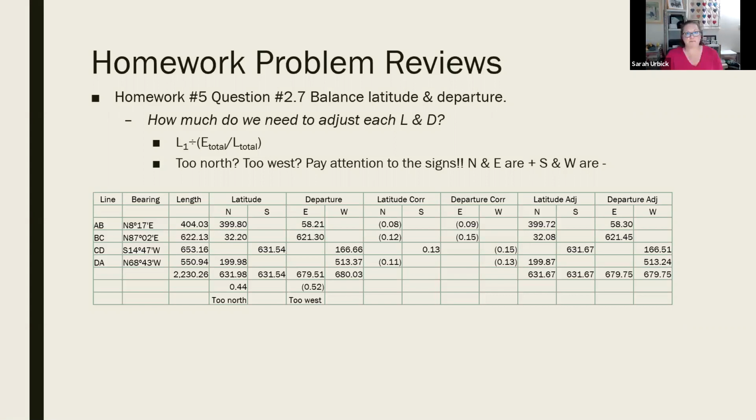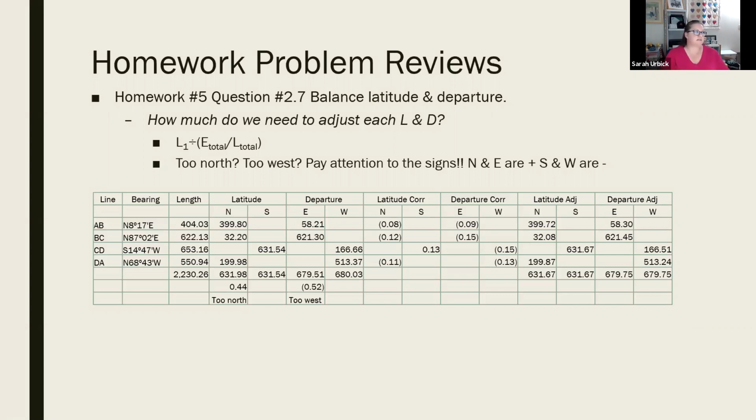The formula for the corrections is basically the same thing that we've been doing for all of these other corrections. It's the total magnitude of the error divided by the total measurement, times the measurement we're adjusting.